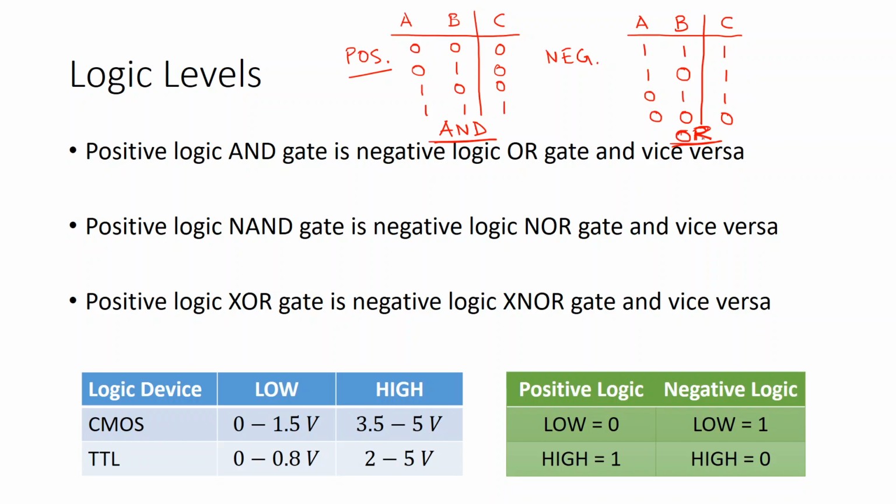That is the OR logic. So the OR logic is appearing here. That means what is AND gate in the positive logic system is behaving as an OR gate in the negative logic system. It is the same gate, because whatever arrangement of electronic circuit is giving you this truth table, if you change the logic system suddenly, the same arrangement of physical hardware, the same arrangement of electronic elements will give you this truth table.